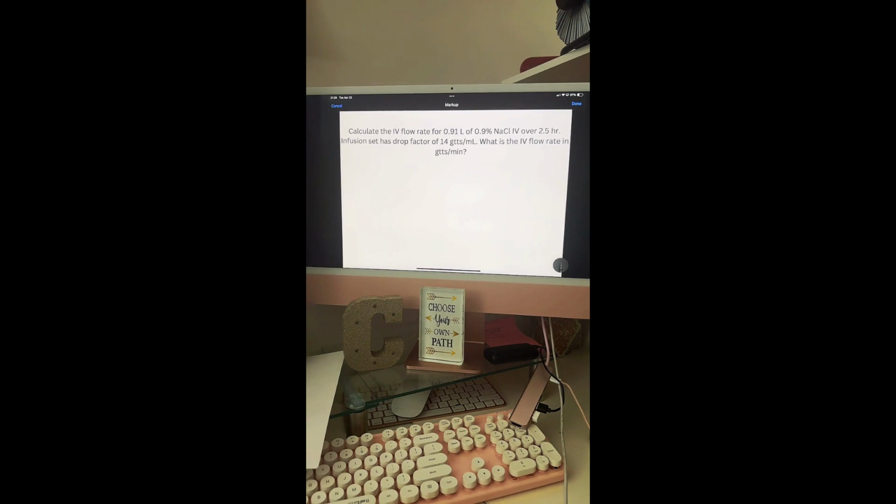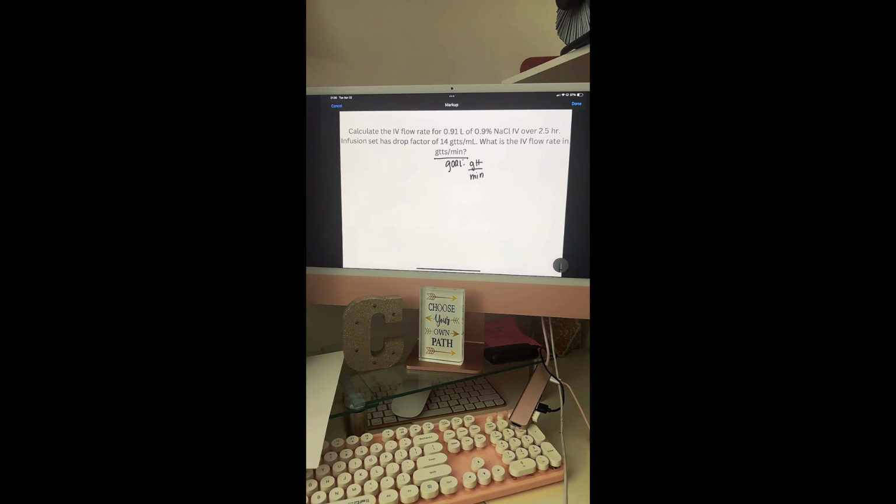Okay, so what is our goal? The first thing that you want to do after you read is see, what is this asking me to give it? Drops per minute. If it's drops per minute, milliliter per hour, milliliter per dose, milliliter per day, whatever it is, get all of it, because that influences how your equation will be set up. If you leave something out, then you won't set your equation up right and you won't get the right answer.